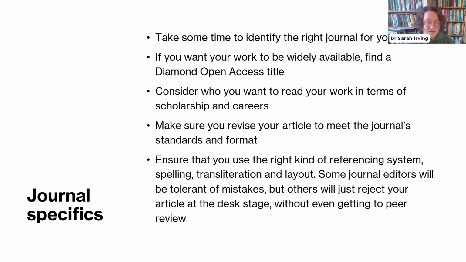If it's not open access, it will still be available to most scholars, but it won't be available to people who can't afford to, or whose universities can't afford to subscribe to that particular publisher, or to people more generally.